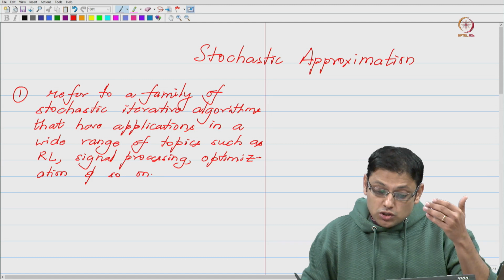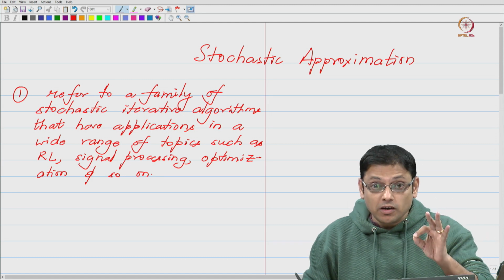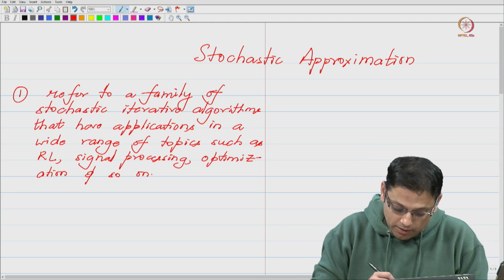Sometimes I will use stochastic approximation to refer to a specific algorithm as well.